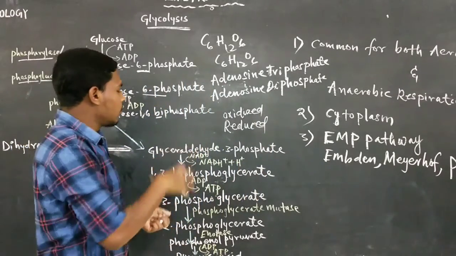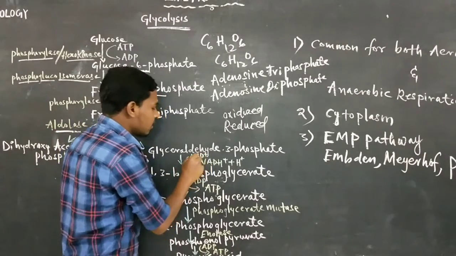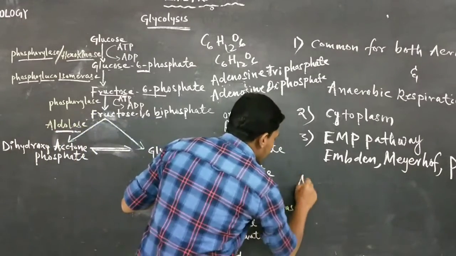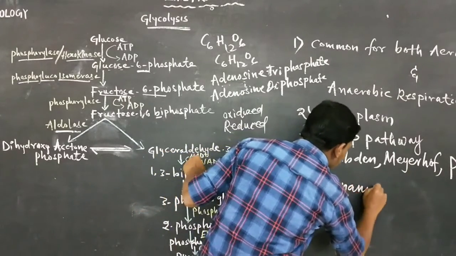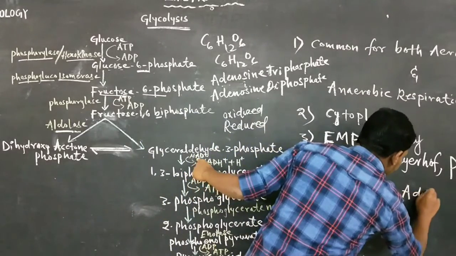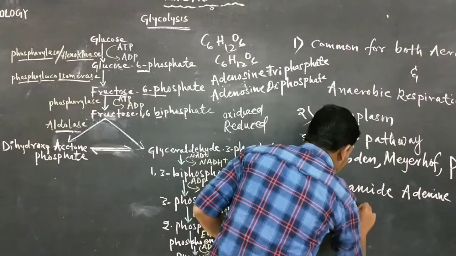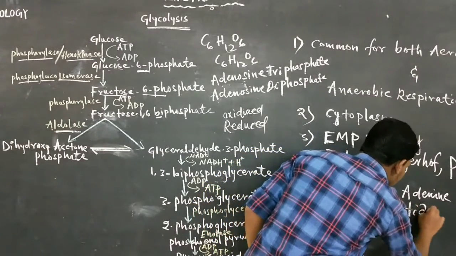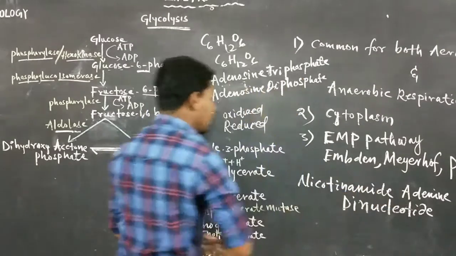So what is helping to oxidize and is itself getting reduced is NAD. NAD plus. NAD means nicotinamide adenine dinucleotide.